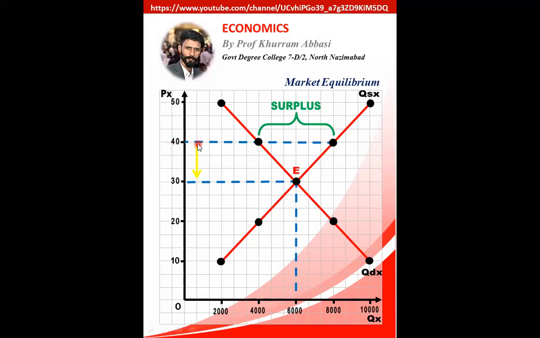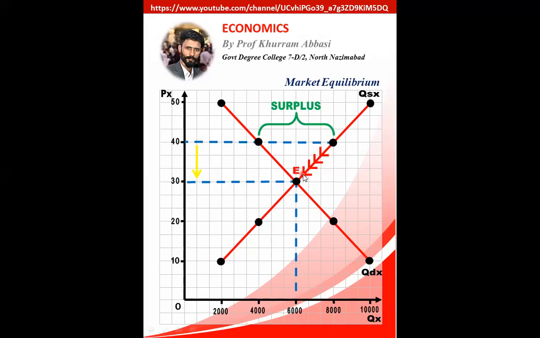This yellow arrow is showing the producer will decrease the price. When price decreases, as per law of supply, supply also decreases. You can see the supply is decreasing here.